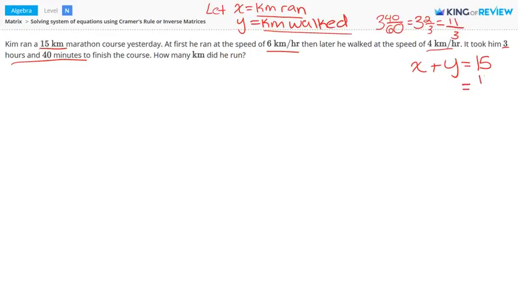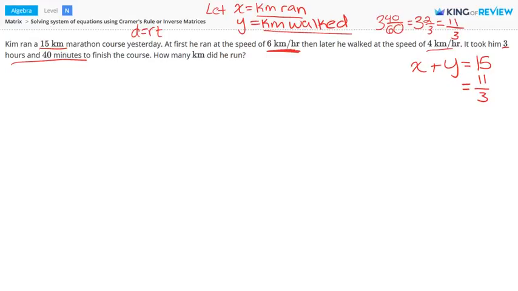So we have 11 over 3. So the race consisted of the time that it took him to run, and then the time that it took him to walk. So how can we calculate the time that it took him to run? Well, we know that distance equals rate times time. So we can use this formula if we want to figure out how long he ran for.